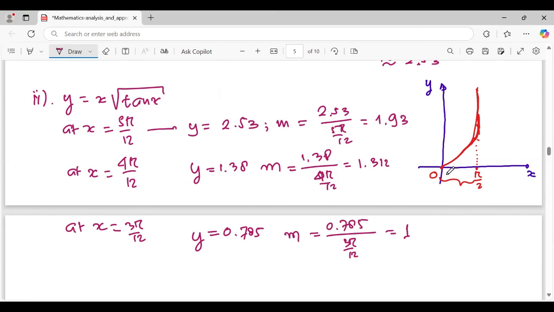Okay, so if you look at the gradient, the gradient decreases.